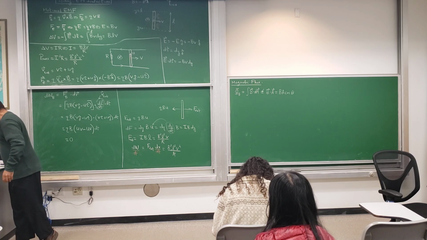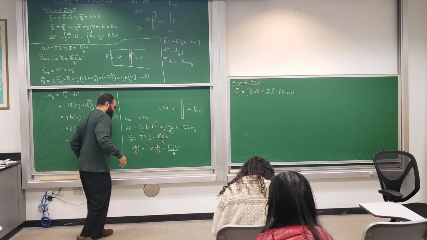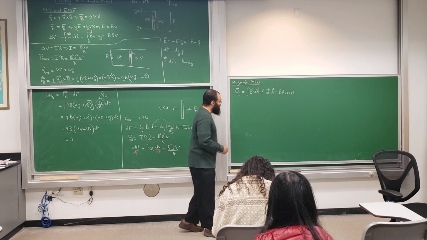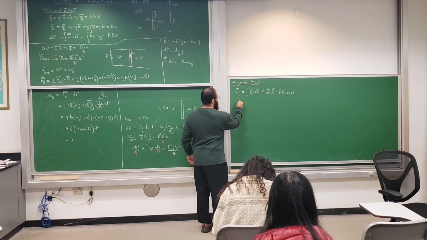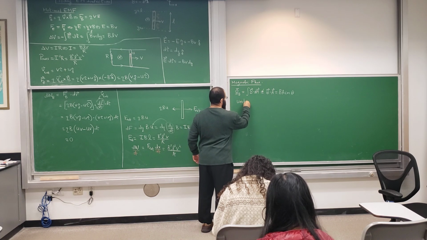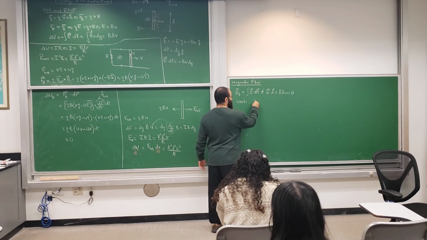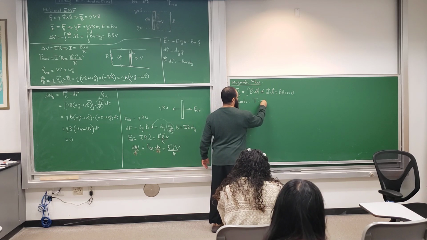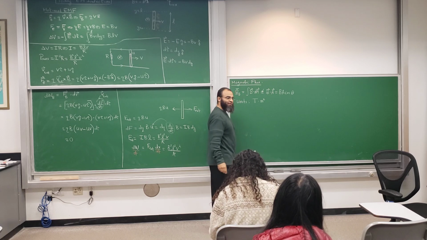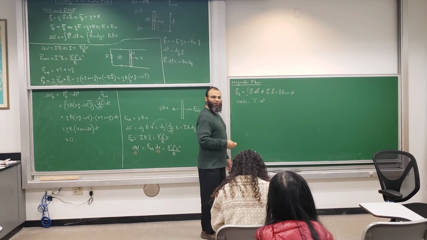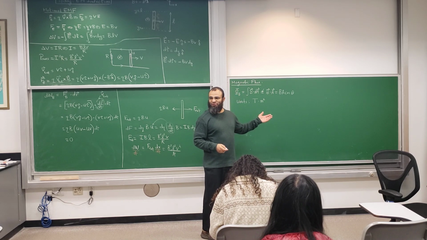So the units will be, what are the units? Tesla times what? Meters. Area, which is meters squared. In the case of electric field, there was no special unit.